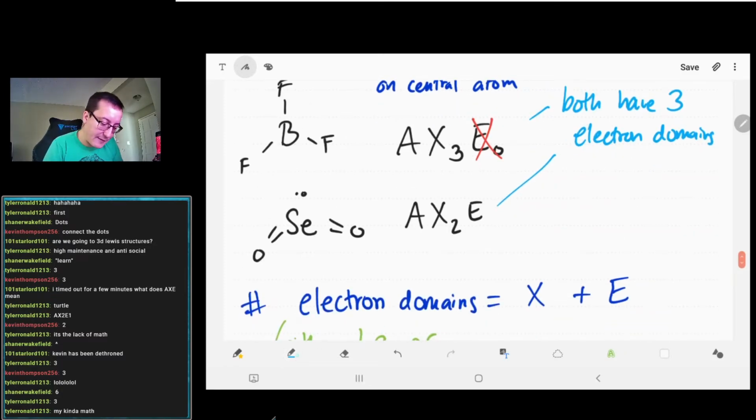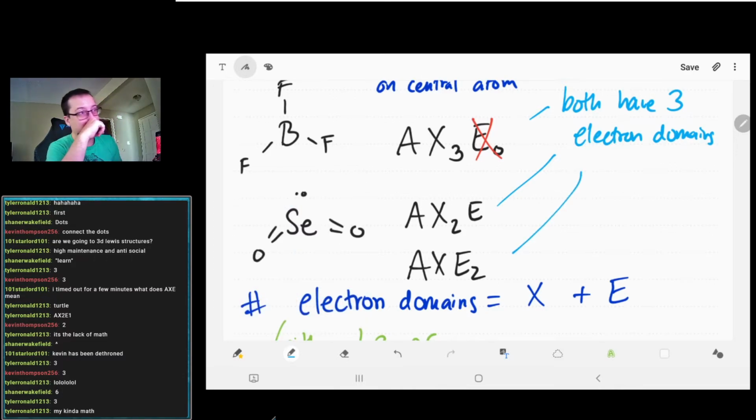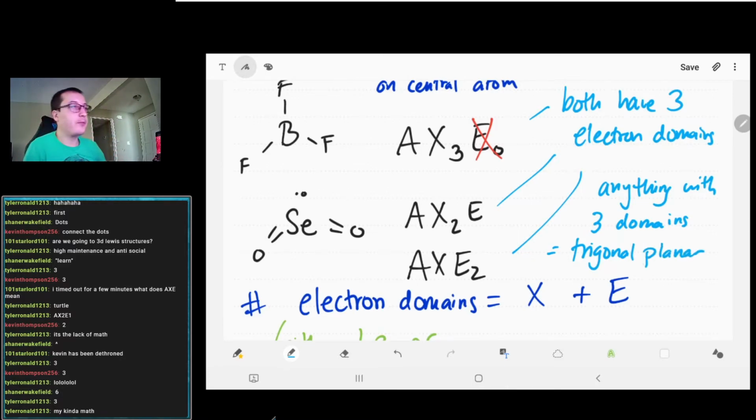If we were to have some crazy molecule that I can't think of that would have this, that would also have 3 electron domains, right? We're going to see anything with three domains is going to be trigonal planar, at least electronically speaking.